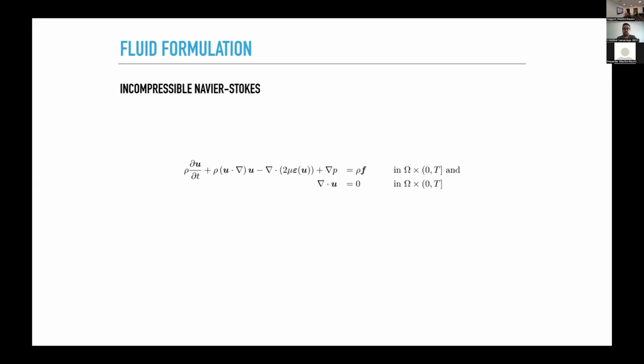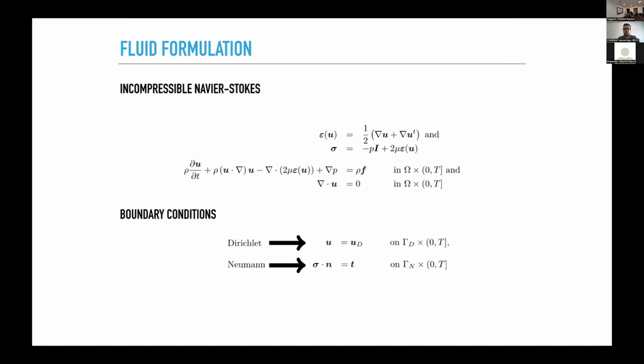In this case, we use the incompressible Navier-Stokes equations that you see on the screen, where u is, as you know, the velocity, and p is the pressure. And also we have the strain, epsilon, and the stress tensor, sigma.